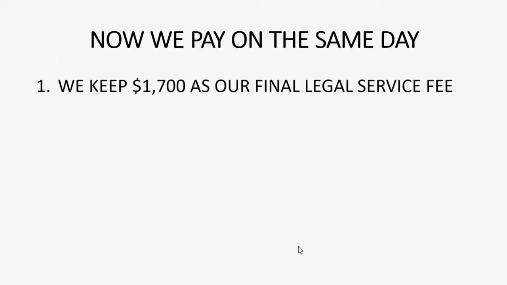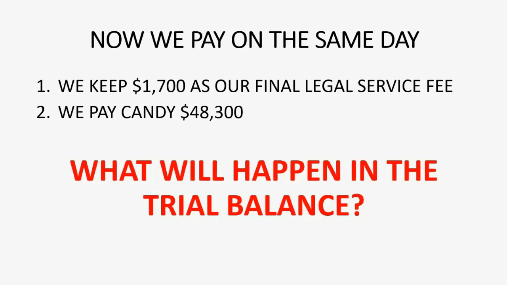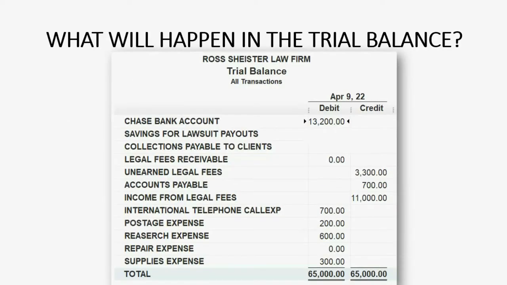Now we will pay on the same day. We're going to keep $1,700 as our final legal service fee, and we'll pay out $48,300 because that's the way it's normally done. So what will happen in the trial balance when we pay Candy $48,300?